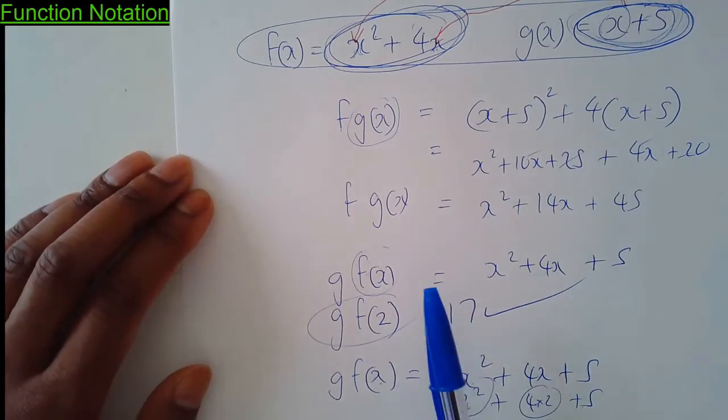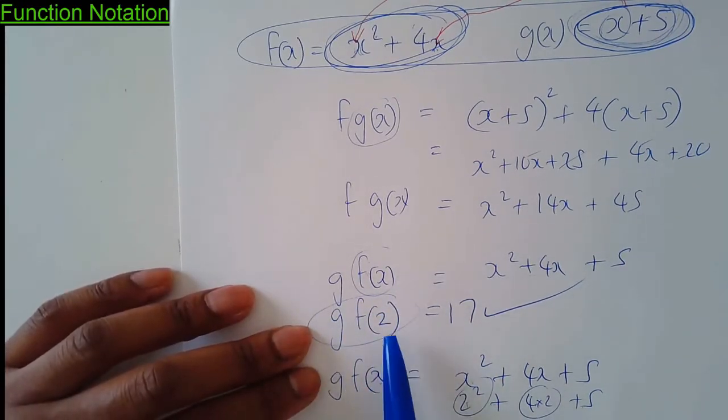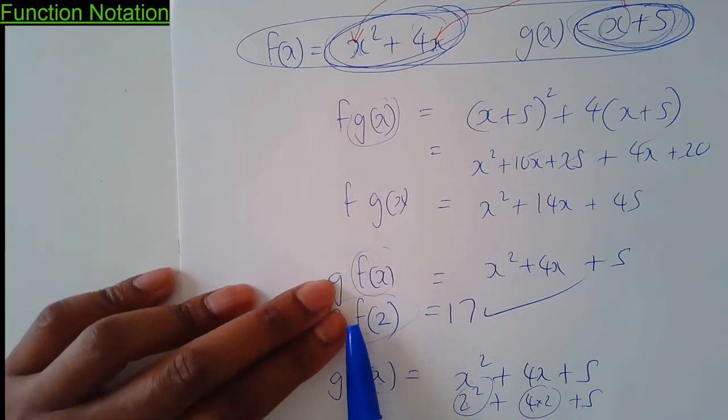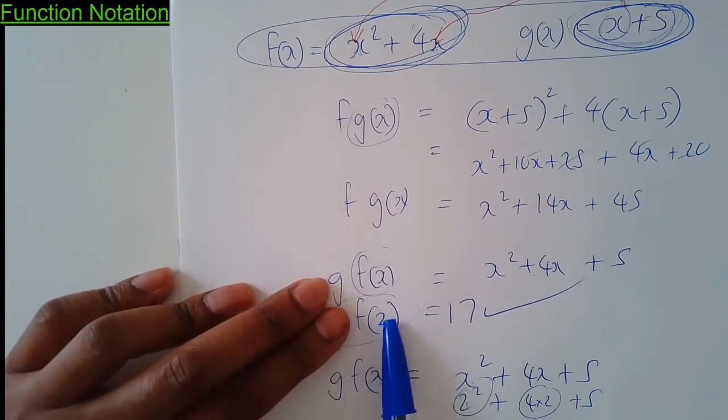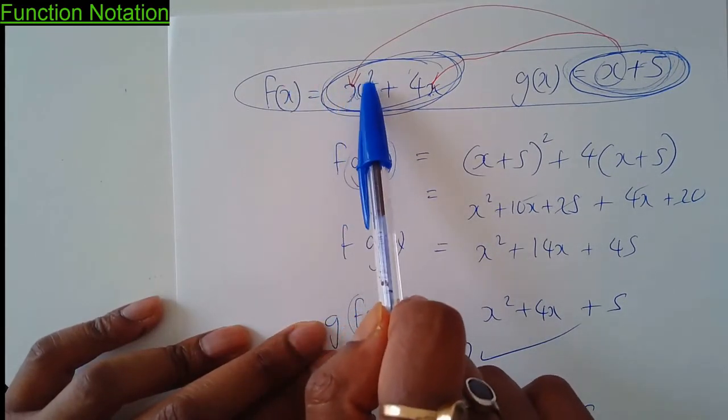If you've seen my first video on function notation, I was able to get an answer a lot quicker without having to go through this process. What you do is, you work out the last letter, f of x, replace x with 2. So you put the 2 in here. 2 squared is 4.